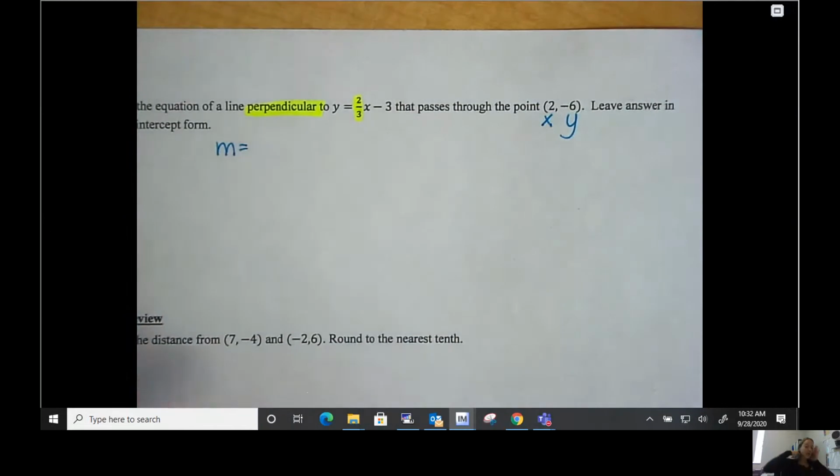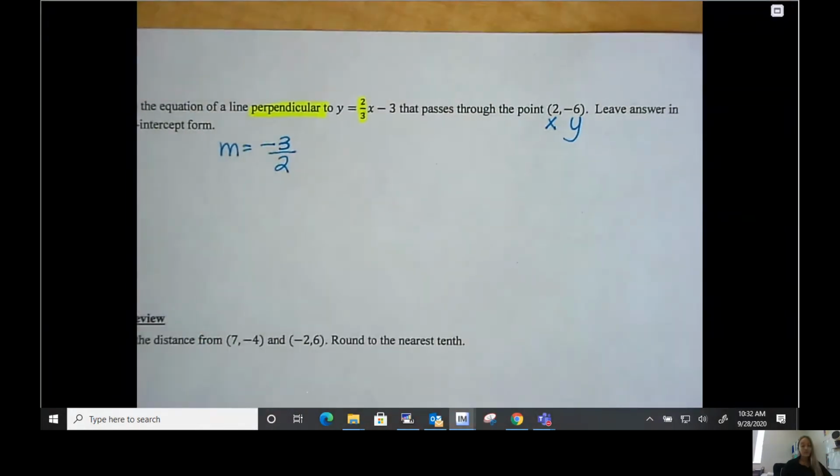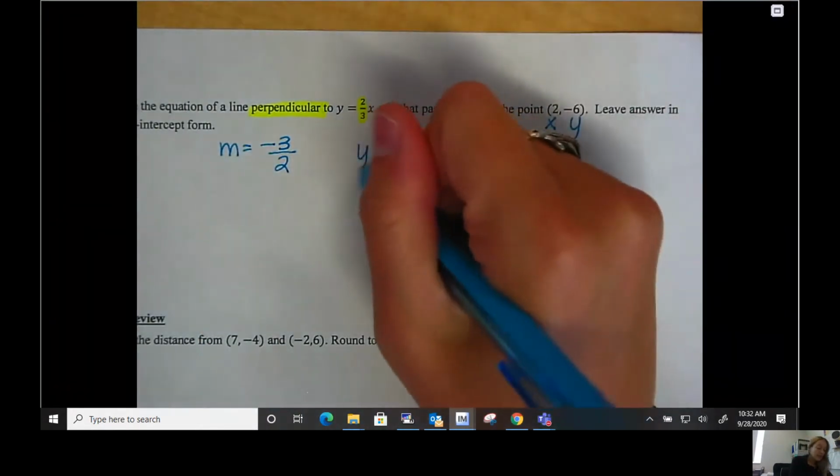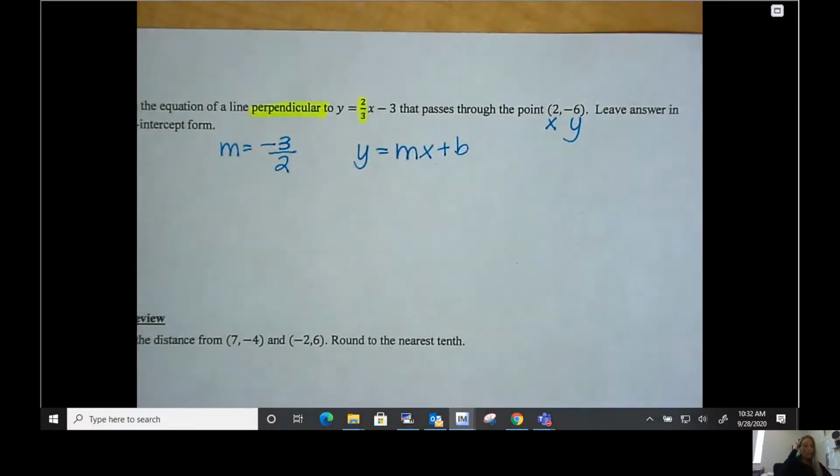Flip the fraction and change the sign. So it was a positive 2/3. When I flip it, it becomes a -3/2. Now I take these numbers and I plug it into y equals mx plus b and solve for b.